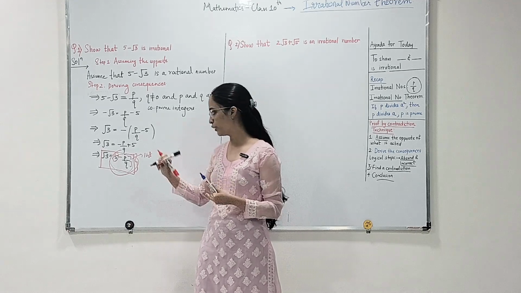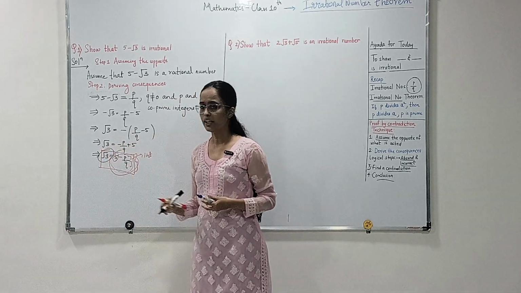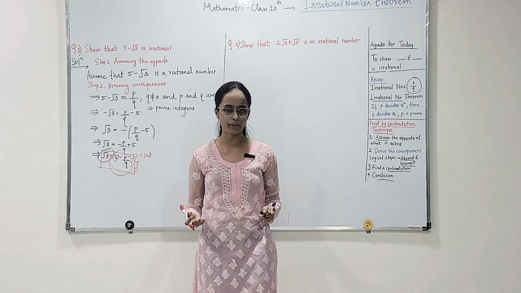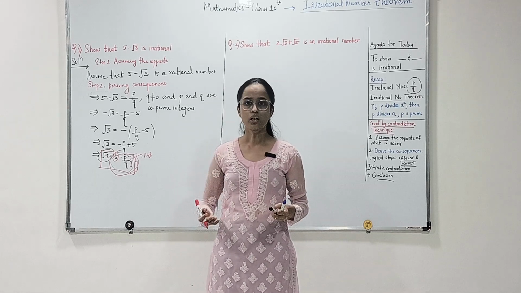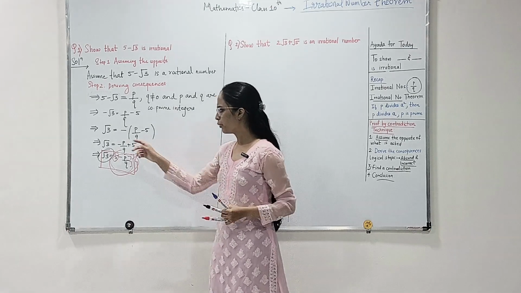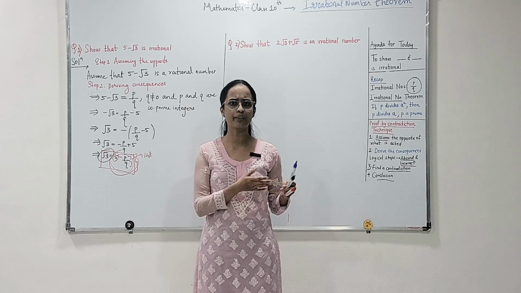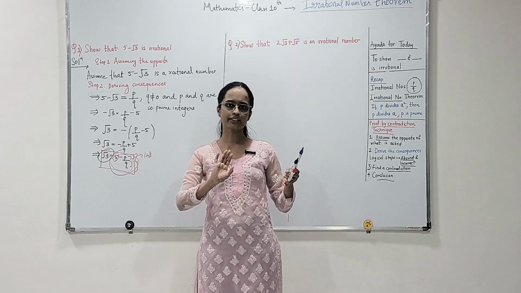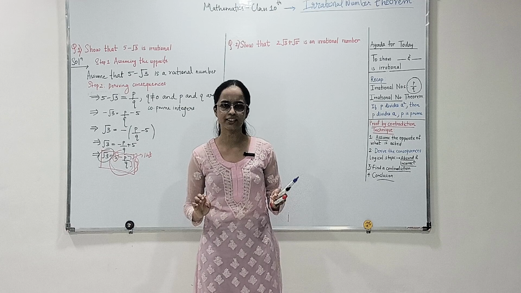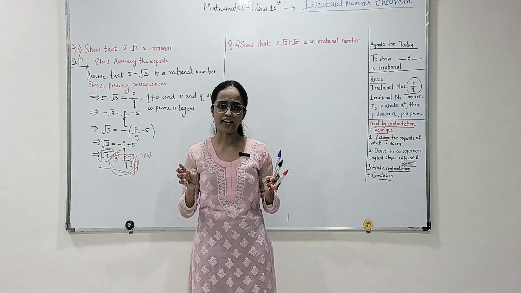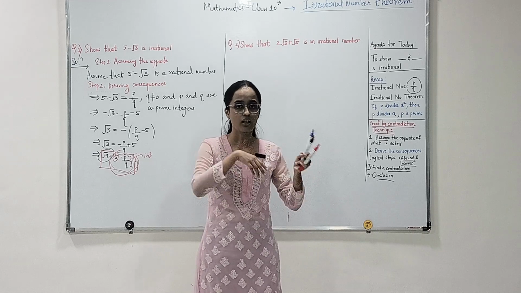Now I want you all to observe the left hand side. Is root 3 a rational number? Of course not. It's an irrational number. So we are equating two different types of numbers to each other. It's like we are equating minus 1 with 1, or I can say I'm equating 4 oranges with 4 pens. Oranges and pens are completely two different entities. I cannot equate oranges with pens.